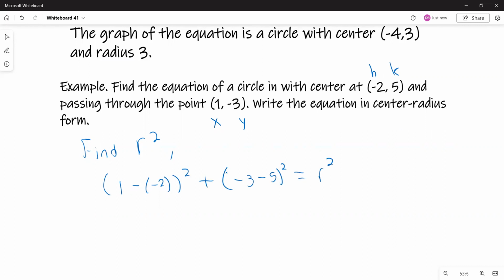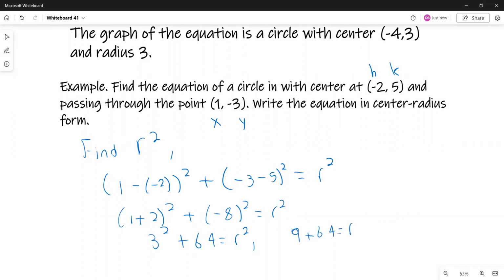But 1 minus negative 2 is 1 plus 2. Negative 3 minus 5 is going to be negative 8. So that's 3 squared plus 64 equals r squared. But 3 squared is 9. 9 plus 64 is r squared. So the square of the radius is 73.